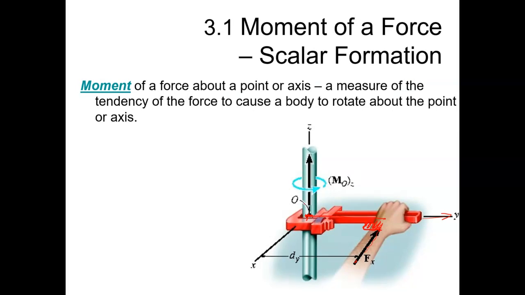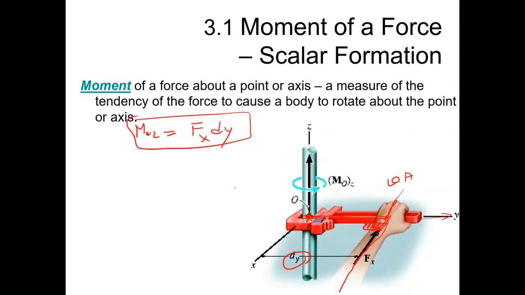What is the shortest distance between point of rotation and that vector? You have to extend the vector and then draw a normal from point of rotation to the line of action or extension of the force. That is dy. So in a scalar fashion, the moment is Fx multiplied by dy.